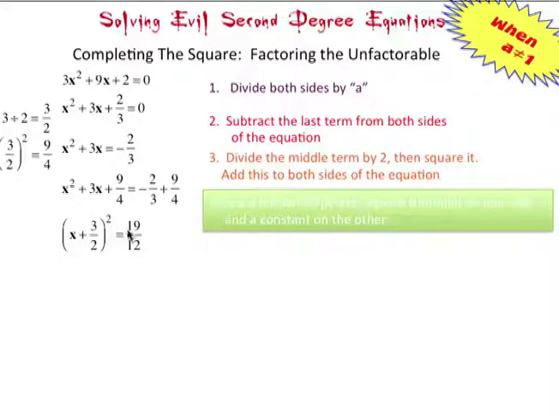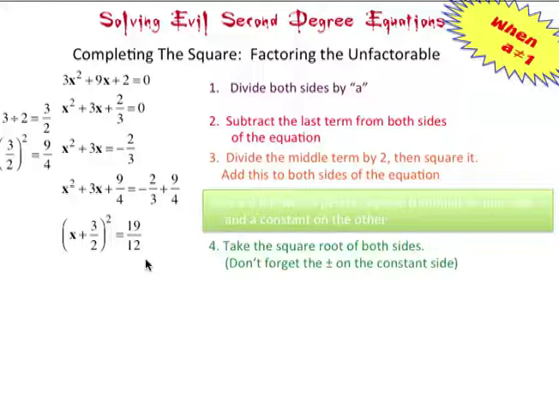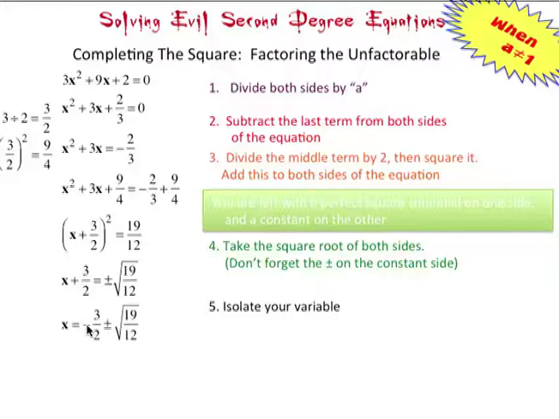And when we do that, we just have to remember to put the plus and minus in front of the square root of 19/12. So x plus 3/2 is equal to plus or minus the square root of 19/12. And then I want to isolate the x by subtracting the 3/2. So x is equal to negative 3/2 plus or minus the square root of 19/12. And that's our final answer.